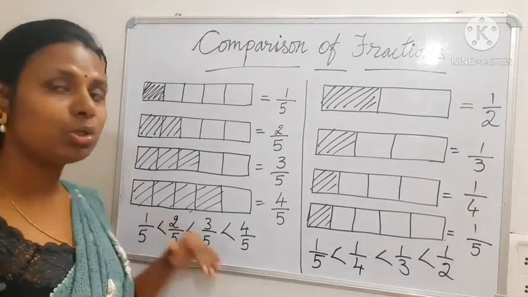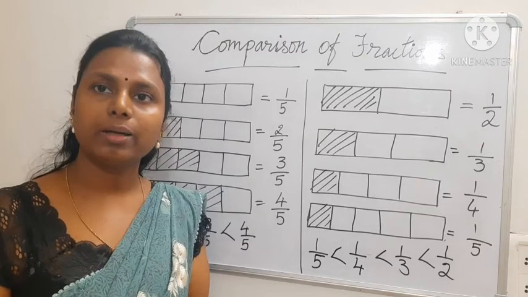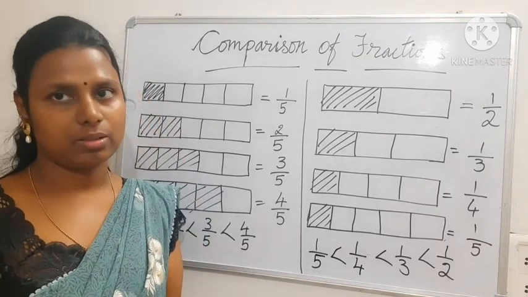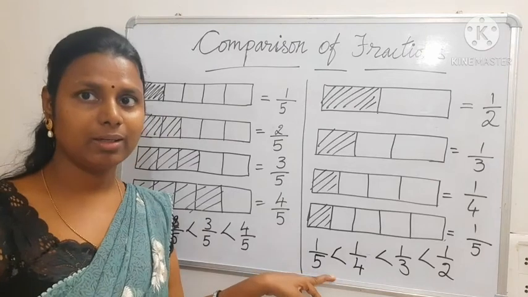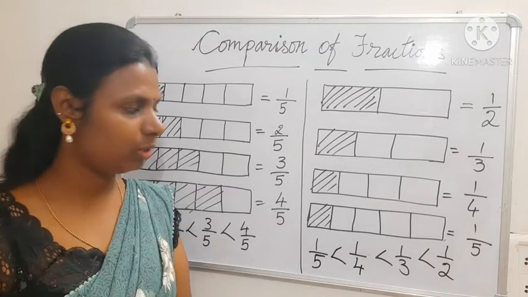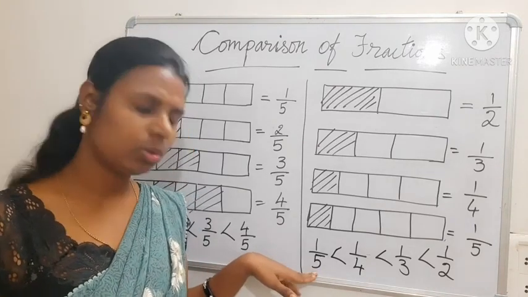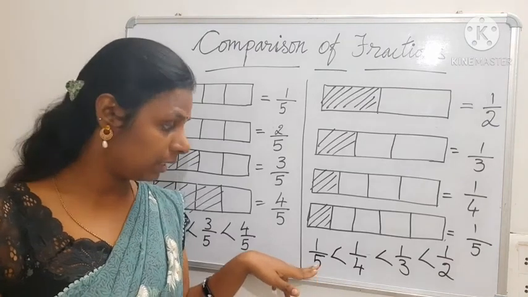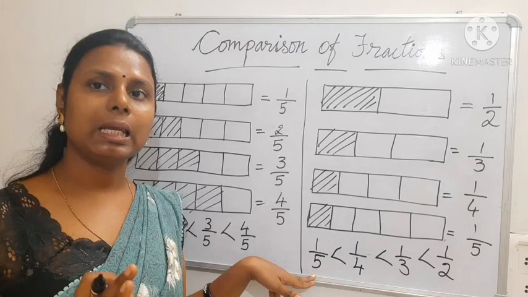When you see the numerator, as usual, you write as for whole numbers. But when you see the denominator, you have to think just the opposite. The greater number has lesser value.